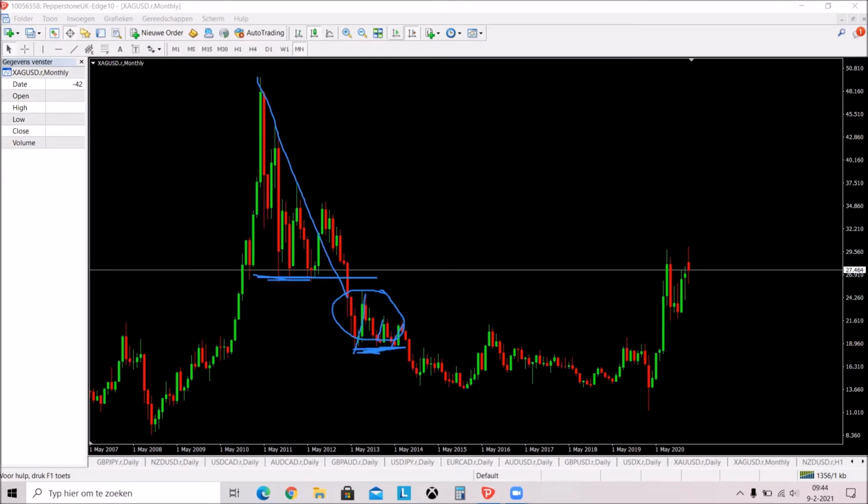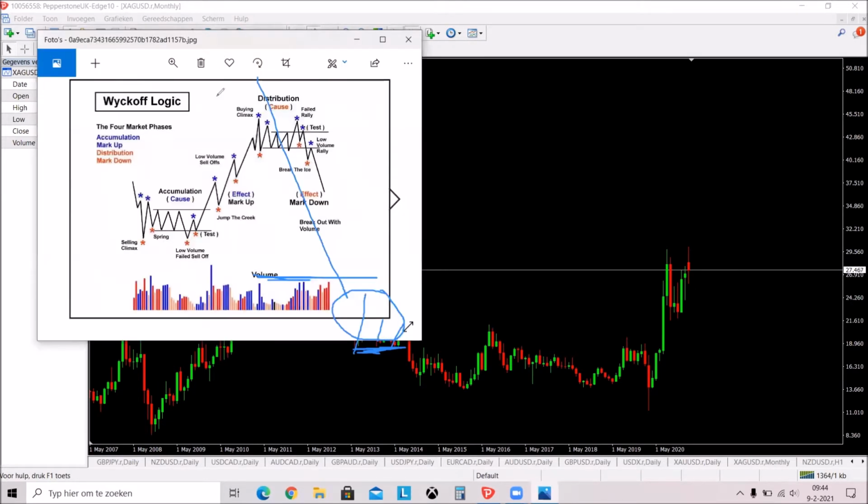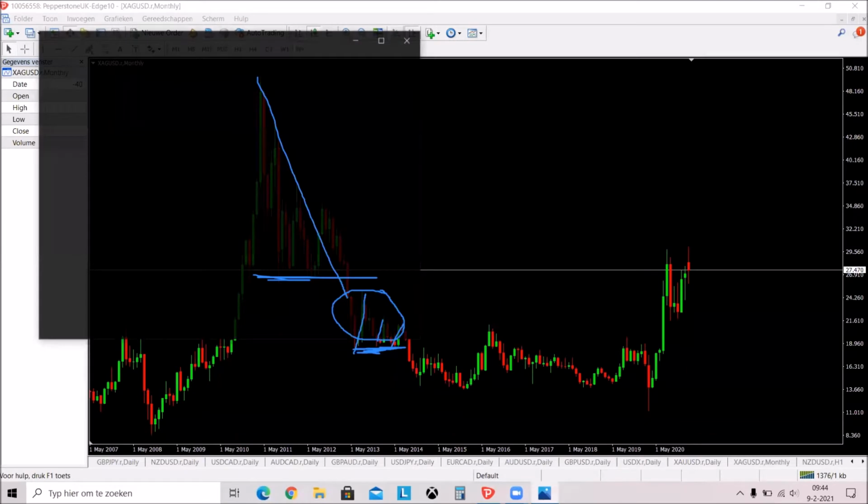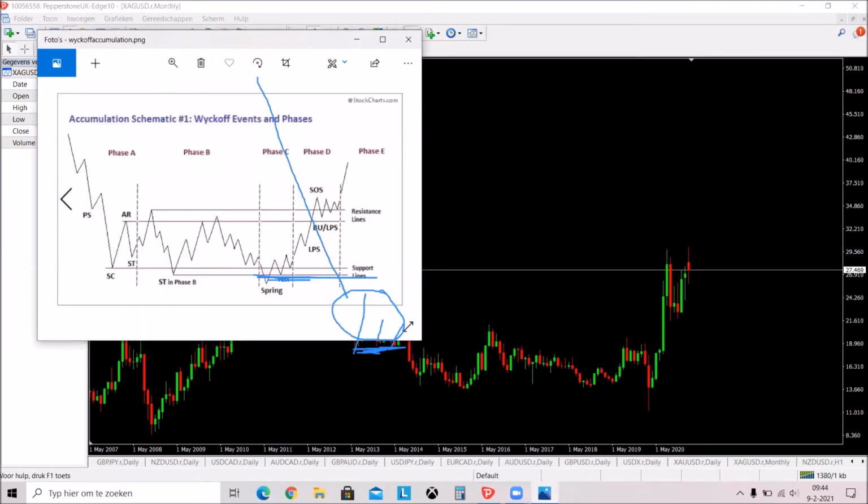So to me, this is the PS. That's not the right picture. This is the PS, preliminary support over here, and that's basically the last point of support before an actual range is going to form, and it's usually a very decent support, as we see on the chart over here.